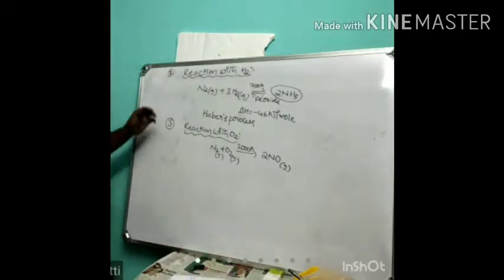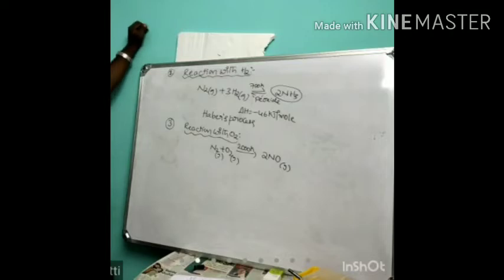So these are the chemical properties of nitrogen. Because of the chemical inertness of nitrogen, only a few chemical properties are there.